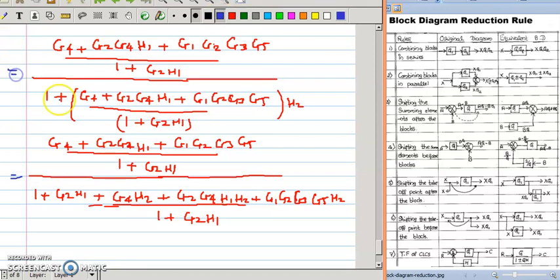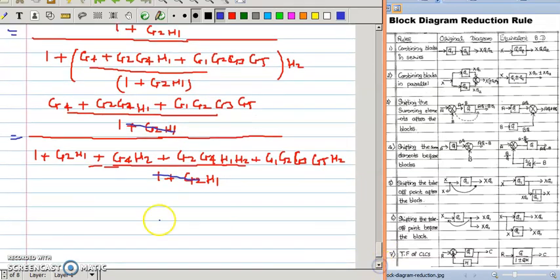See, this is equal to 1 plus G2 H1, so 1 plus G2 H1 cancels here. What is the remaining? The remaining is simple.